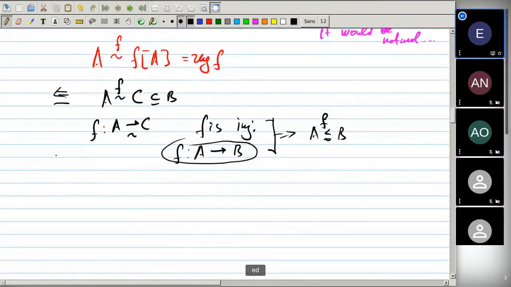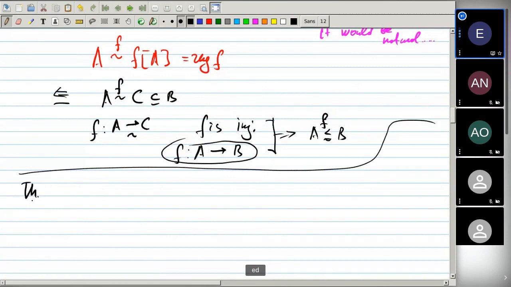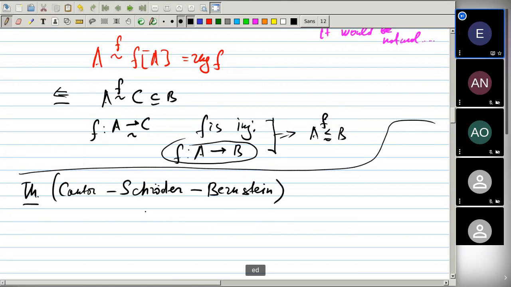I will omit the proof, but nevertheless, I will state the theorem. It is known as the Cantor-Schroeder-Bernstein Theorem, and it says exactly that.